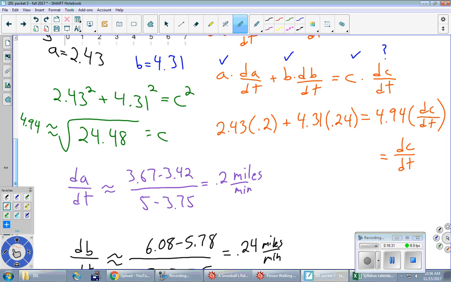So we do the arithmetic on the left, divide by the 4.94, and if anybody has a number, we'll write it down.